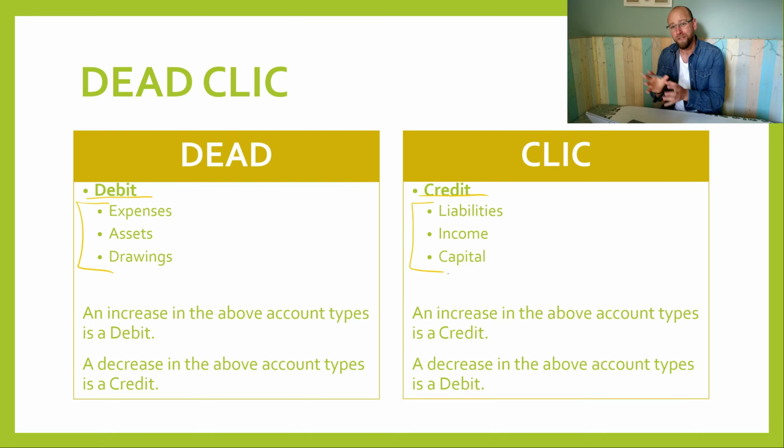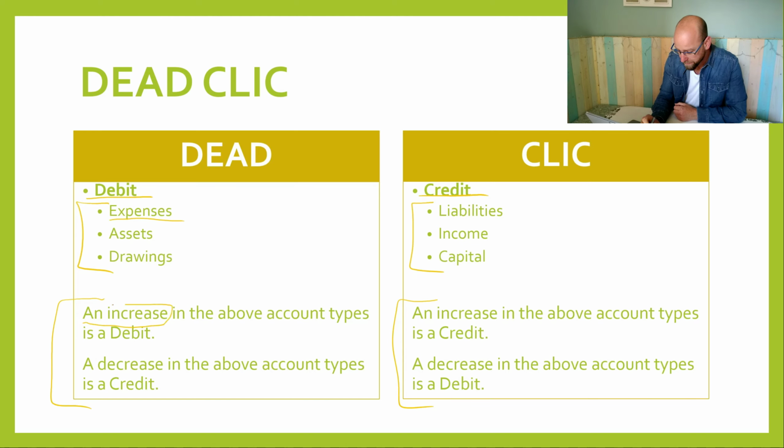When you try and use CLIC, you might find that your training provider or others have given you these extra bits here, and these are the bits that make CLIC really useful. What they're saying is, if you get an expense account, an increase in that account type is a debit, and a decrease in that account type is a credit.